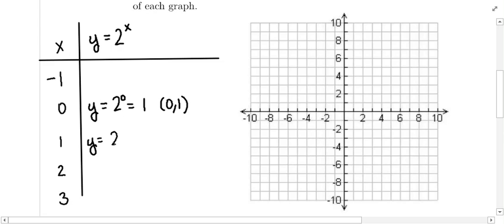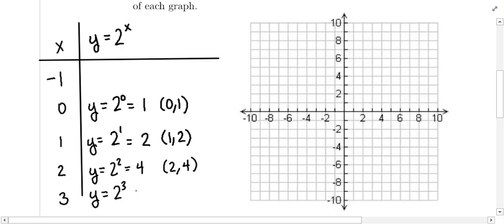That gives me 2 to the first power, which is 2. So we'll plot 1, 2. Then I'll plug in 2 for x. I'll get 2 squared, that's 4. So the exponential function will go through the point 2, 4. And then I'll plug in 3. I'll get 2 cubed, that's 2 times 2 times 2, that's 8. So our exponential goes through 3, 8.